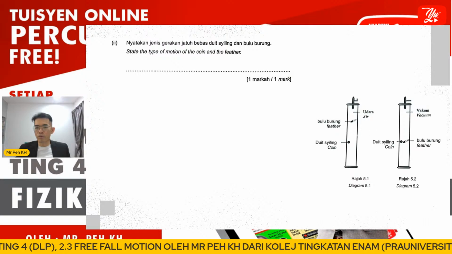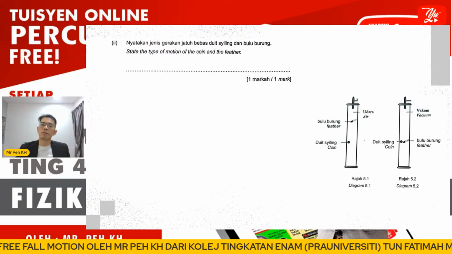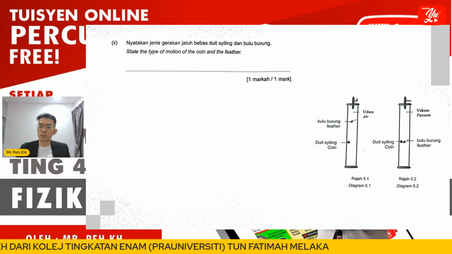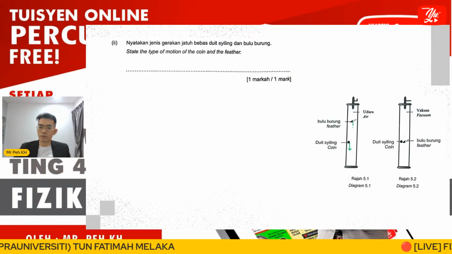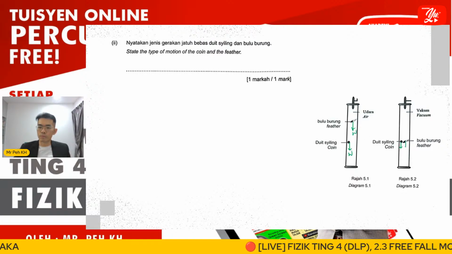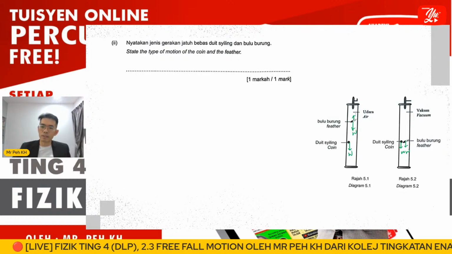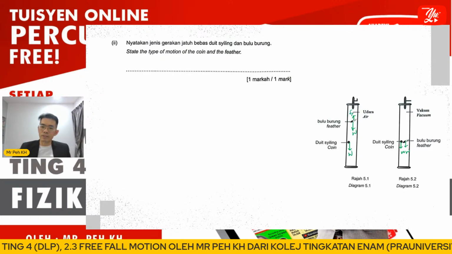In both situations, the object is acted on by the gravitational pull, W, right? The difference is that in diagram 5.1, there is another force, air resistance, added upward.